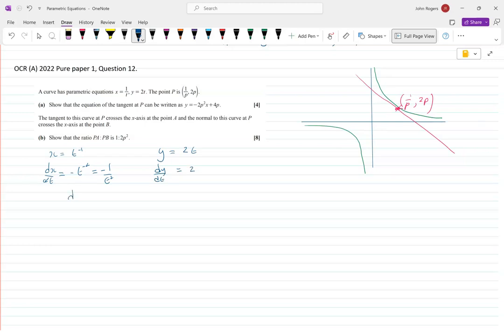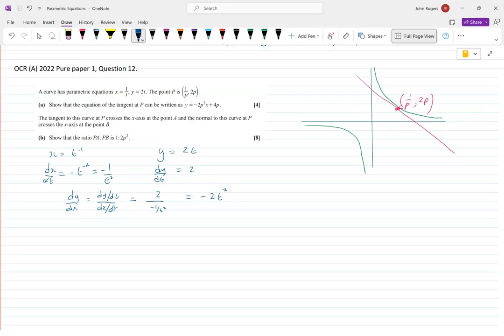So dy by dx is equal to dy by dt over dx by dt, which equals 2 over minus 1 over t squared, which we flip over, that comes to minus 2t squared.